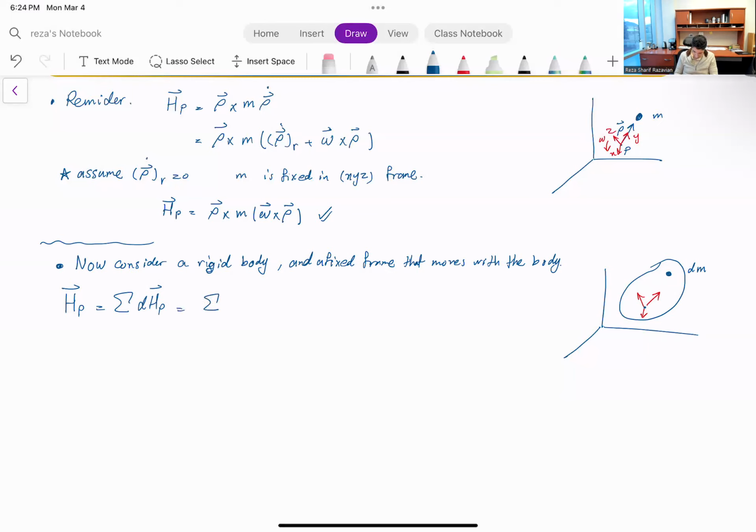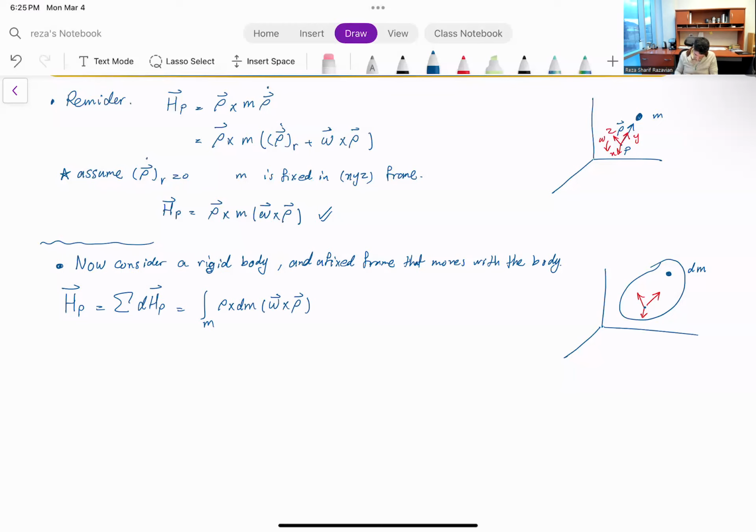Because we are working in a continuum, that summation becomes an integral of these rho cross omega cross rho, and instead of having m, I have these tiny particles in the body, and the integral is over all the dm's.